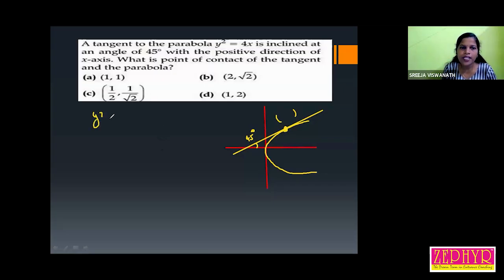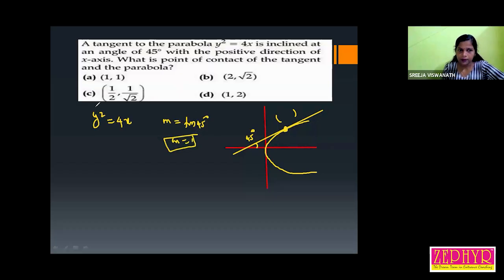We have y squared equal to 4x. A tangent at 45 degrees means what slope? If theta equals 45 degrees, slope m equals tan 45 degrees, that is m equal to 1.